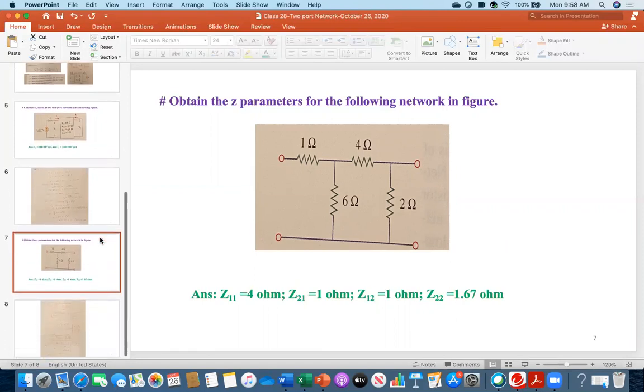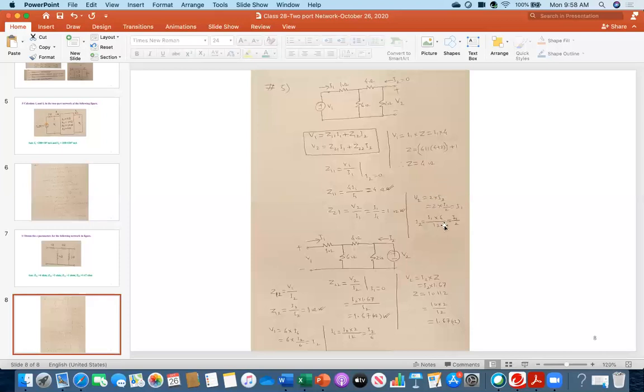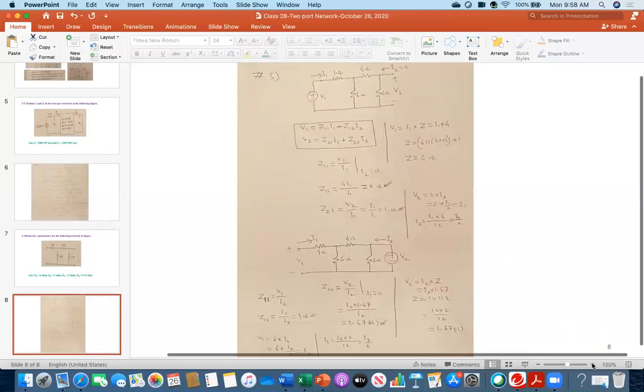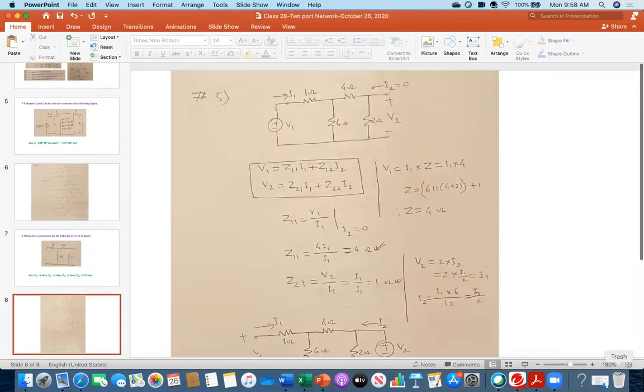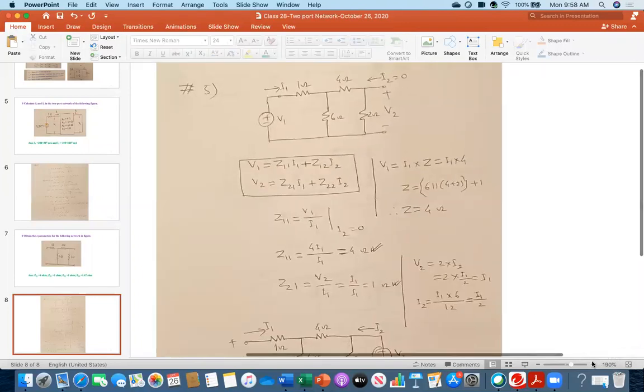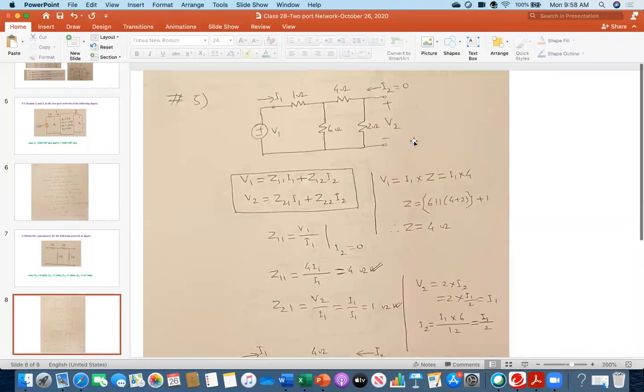So therefore, everybody look at the calculation. Okay, let's not make it much bigger. Everybody see. First, I am assuming there is a voltage source on the left side, V1, and I1 is flowing, and the right side is open. This means my I2 is 0. So now I just wrote these two equations for understanding.